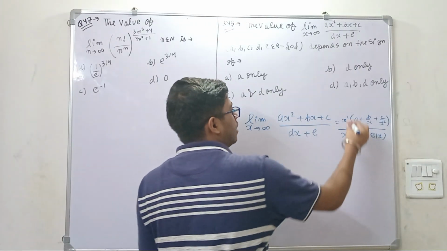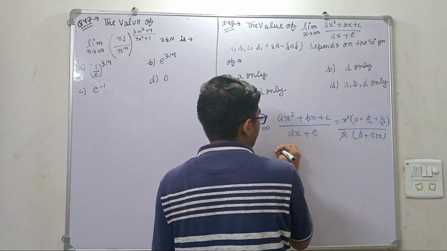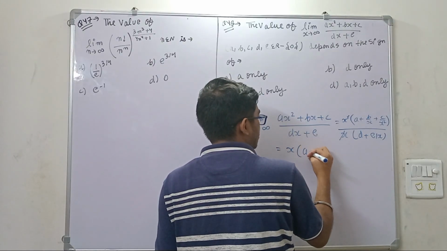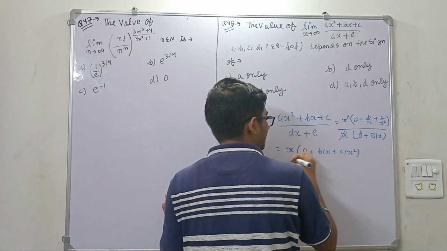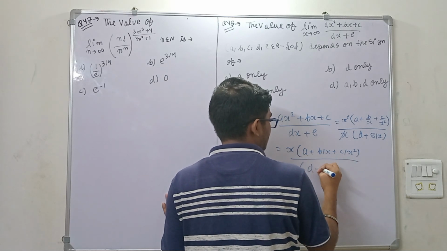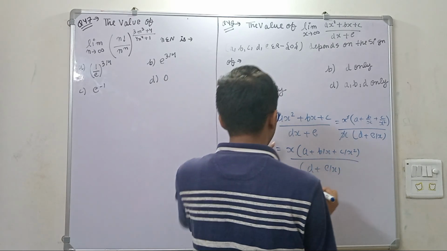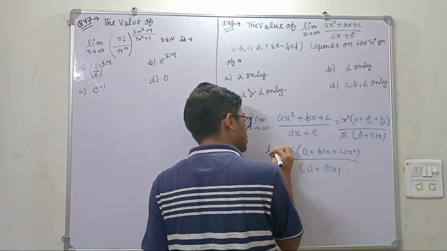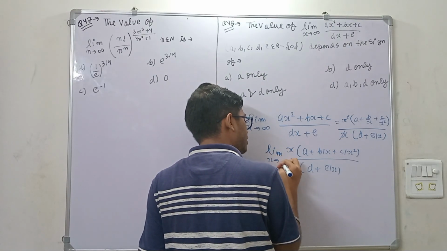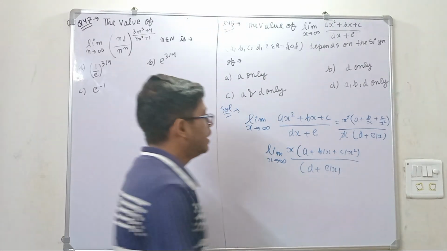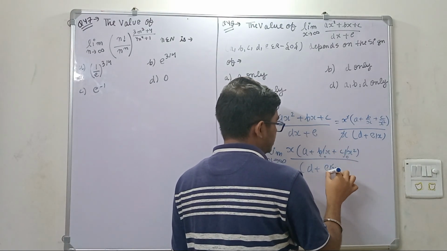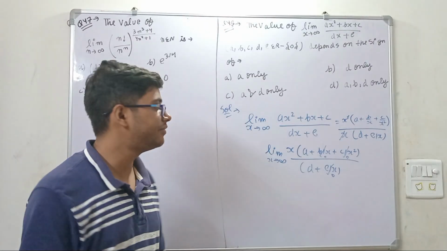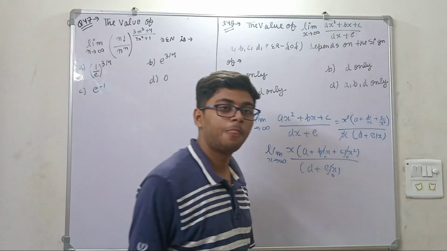Clear? Now this x will get cancelled, so your limit will look like x times (a plus b by x plus c by x square) upon (d plus e by x), and x is tending towards infinity. So this will be 0, this will be 0, and this will be 0, which means there is no significance of b, c and e.